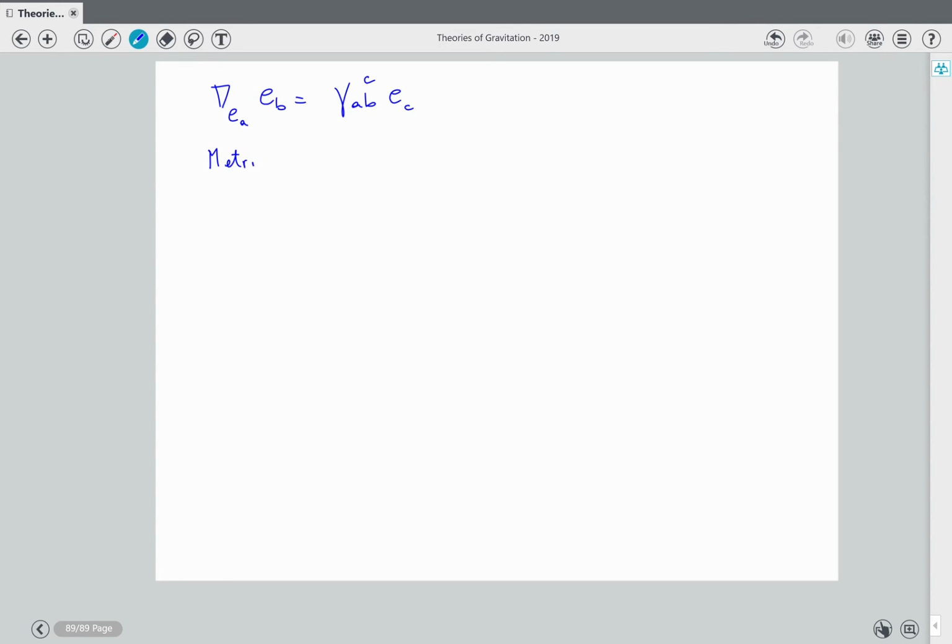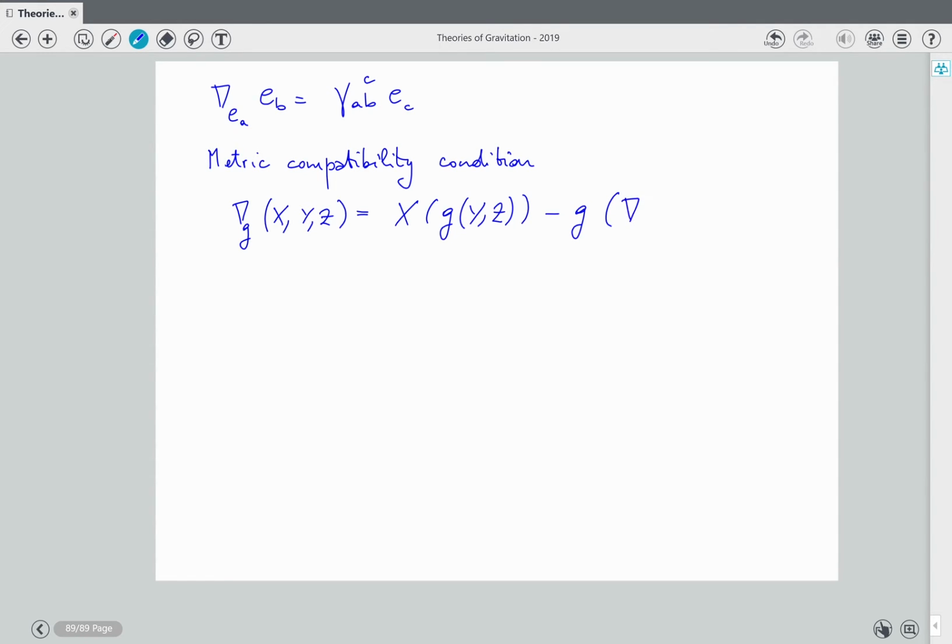Then we also know that the metric compatibility condition was (nabla G)(X, Y, Z) = X(G(Y, Z)) - G(nabla_X Y, Z) - G(Y, nabla_X Z) = 0. So we apply that to E_A, E_B, E_C.